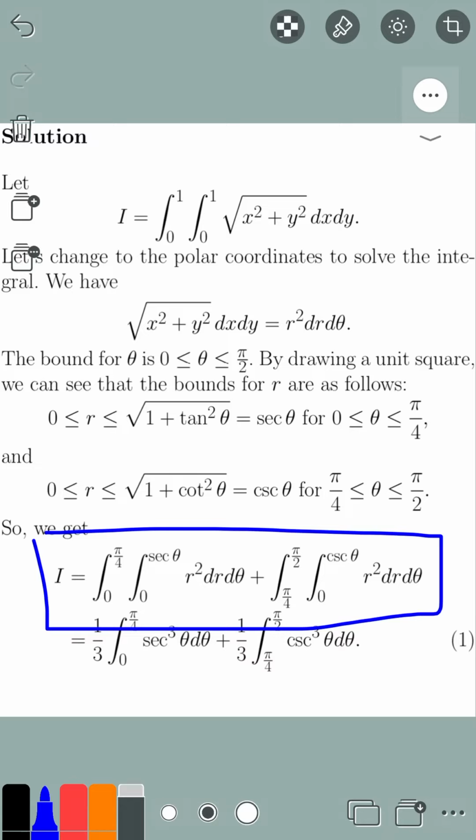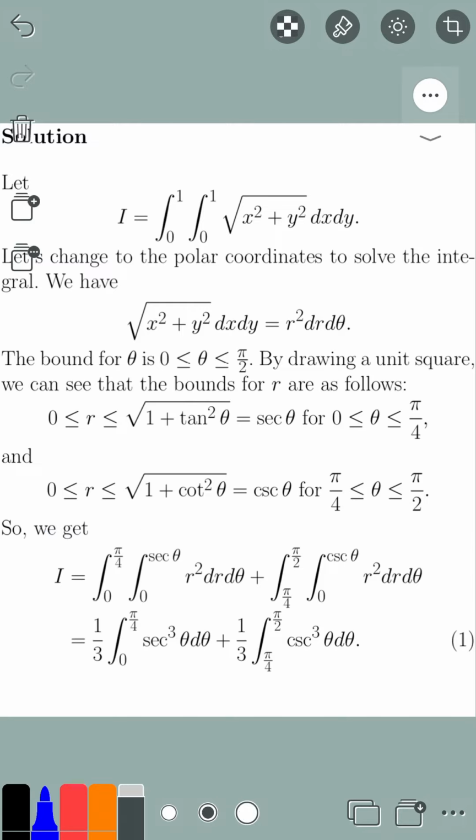And so here you can see that for theta between 0 and pi over 4, r goes from 0 to secant theta. And for theta between pi over 4 and pi over 2, r goes from 0 to cosecant theta. And so integrating the r squared dr is easy.